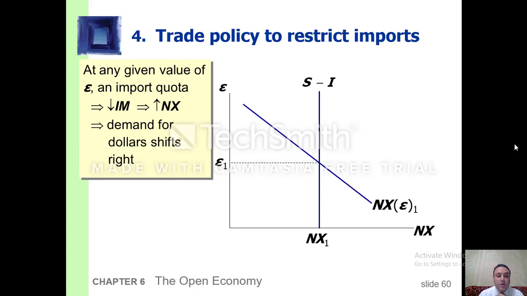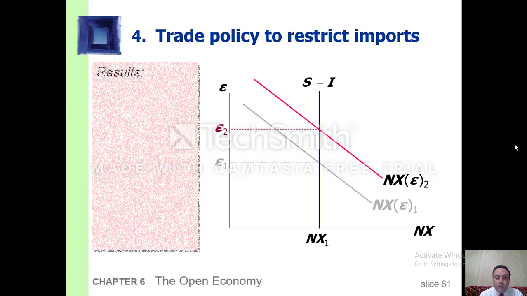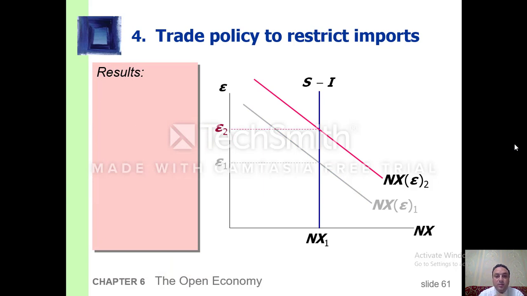And the demand for dollars shifts right, as you can see. So trade policy doesn't affect the saving and investment, as we can see in the vertical axis. So capital flows and the supply of dollars remain fixed in this case. The result from this policy is that the change in the real exchange rate will be more than zero as the demand increases.